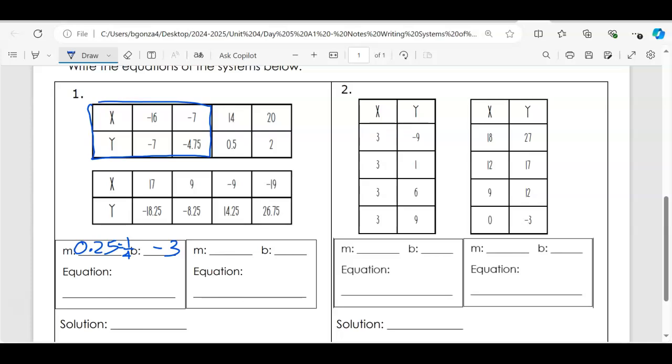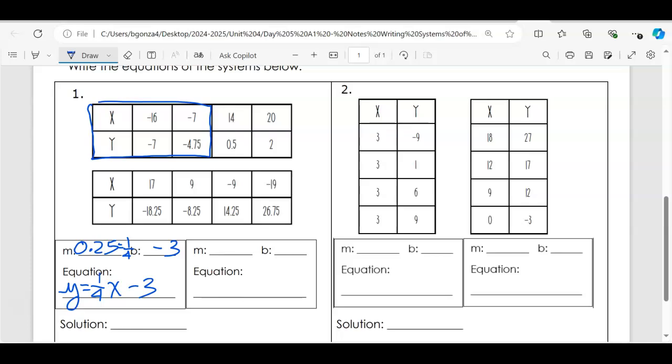Now here's the dealio. If you write it as a decimal, it's not wrong, but you're mostly going to see it as a fraction. Okay. Make sure you're looking up here, not messing around on the Chromebook. So let's write this down. The equation is y equals 1 over 4 is my m, x plus b, which is minus 3.